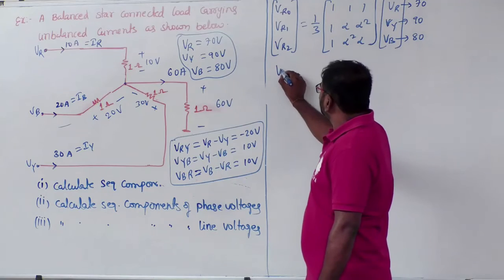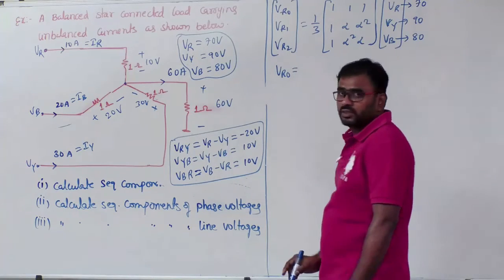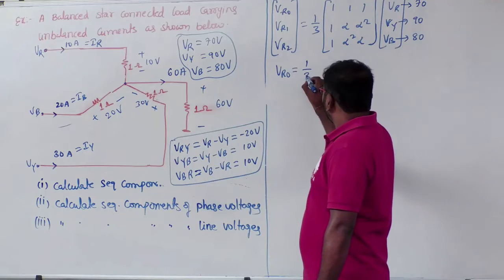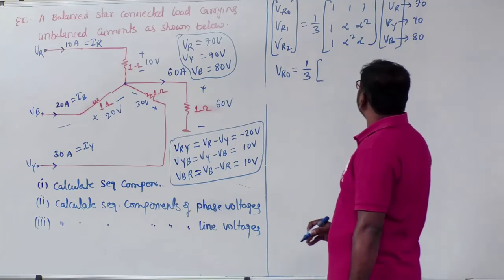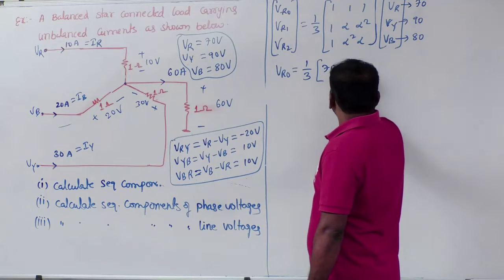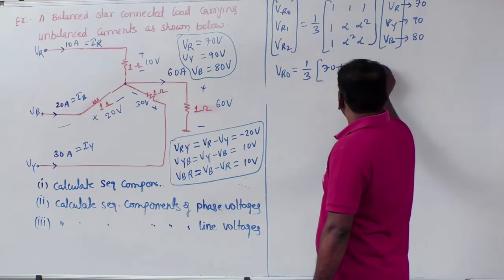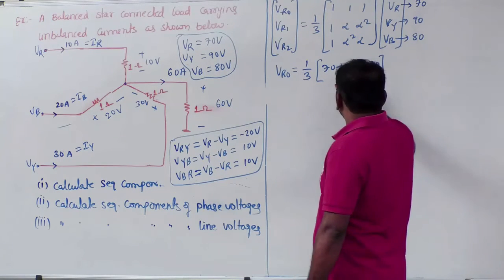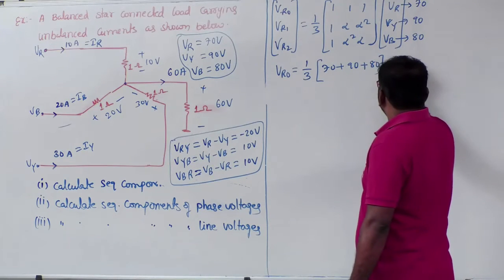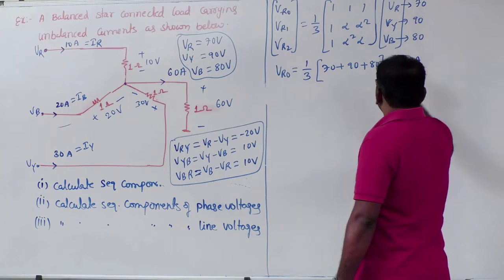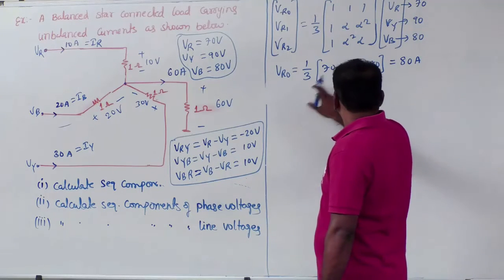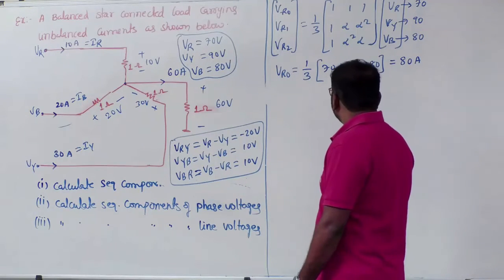So Vr0, the zero sequence component of phase voltage, is 1 by 3 times 70 plus 90 plus 80, which is 240 by 3, 80 volts.